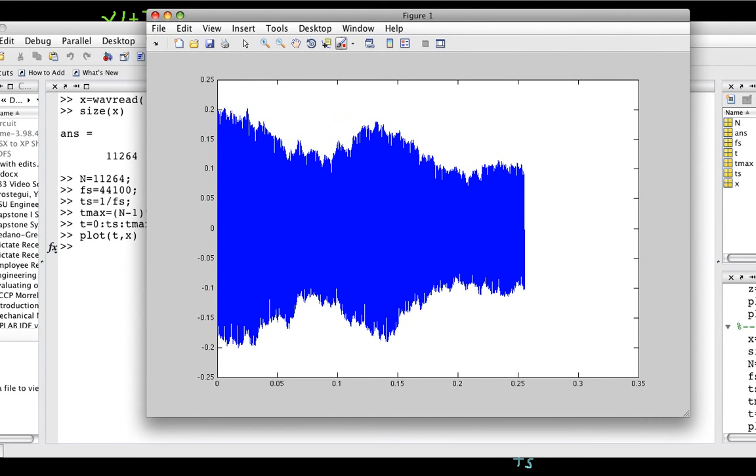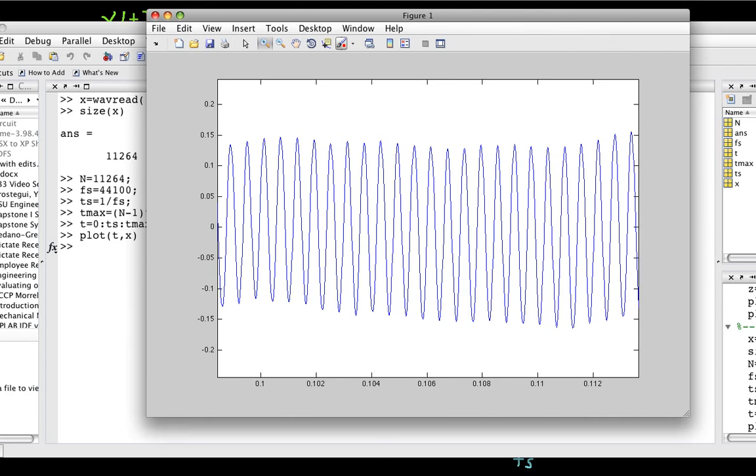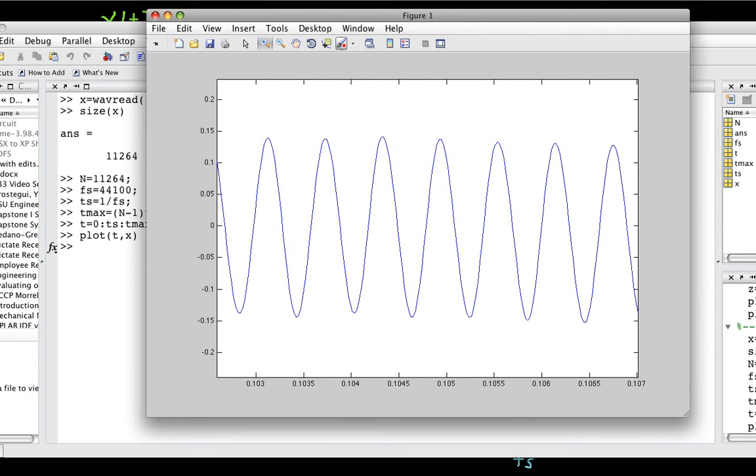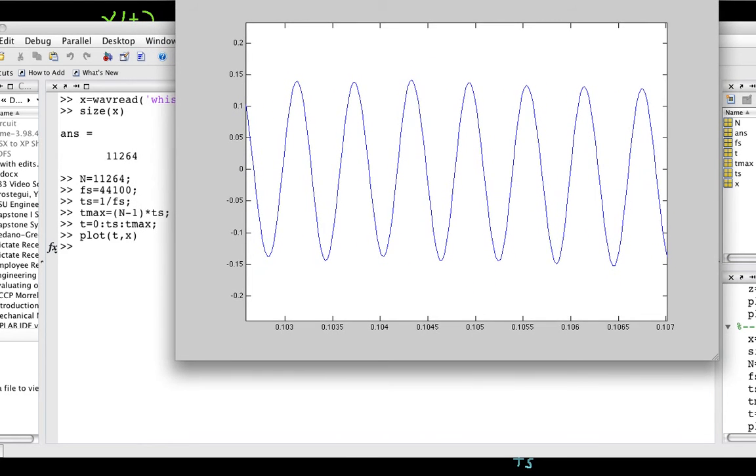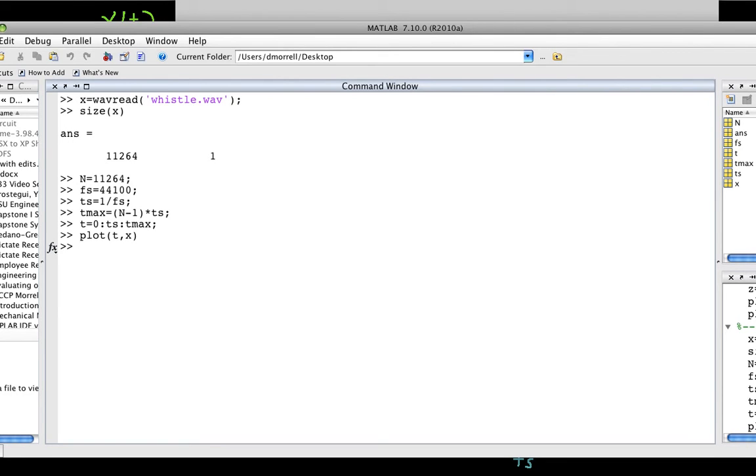If I zoom in a lot, you can see that this function looks pretty much like a sine wave, except that its amplitude seems to change. It turns out that I'm not very good at whistling a very steady tone. So it looks a lot like a sine wave, but its amplitude is changing somewhat. Okay, so that's the plot of the time signal.